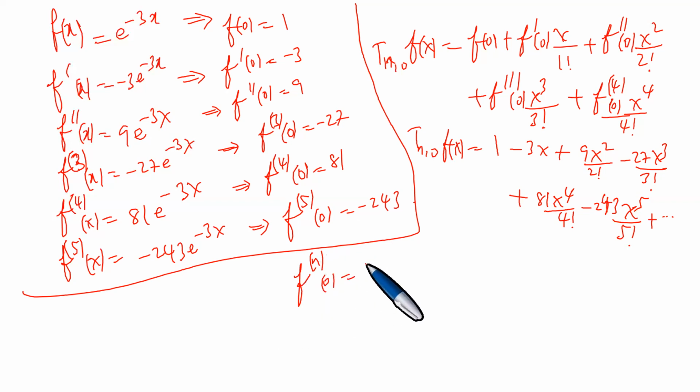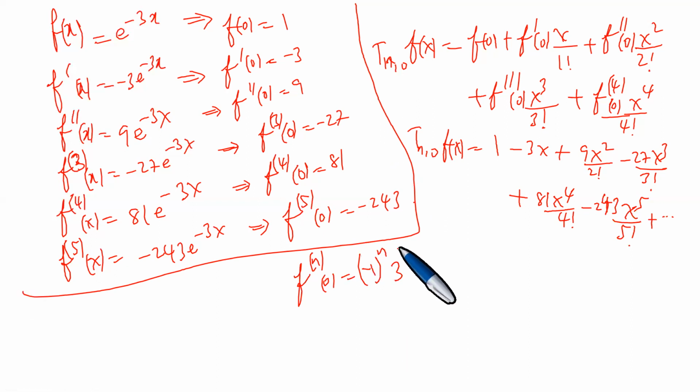If we continue, it is positive, negative, positive, negative. The 0th derivative, 1, 2, 3. So it's 3 to the power n, because now we are just observing the pattern here.